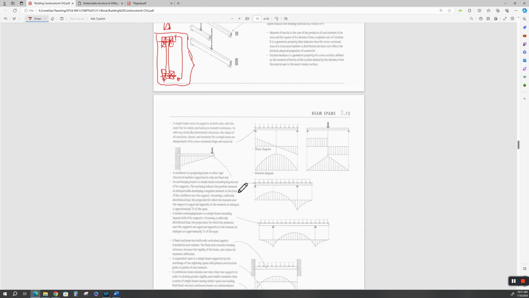All right, beam spans. This is a simple beam, simple span. Here's your cantilever. We talked about that before. Here's all your definitions.